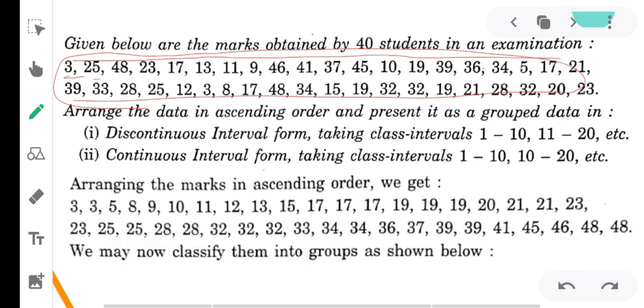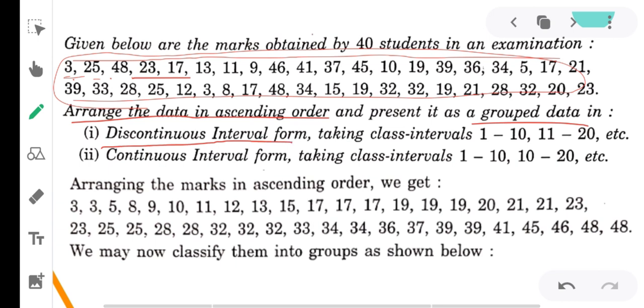Given below are the marks obtained by 40 students in an examination: 3, 25, 48, 23, 70, and so on. We have to arrange the data in ascending order and present it as grouped data in discontinuous interval form.